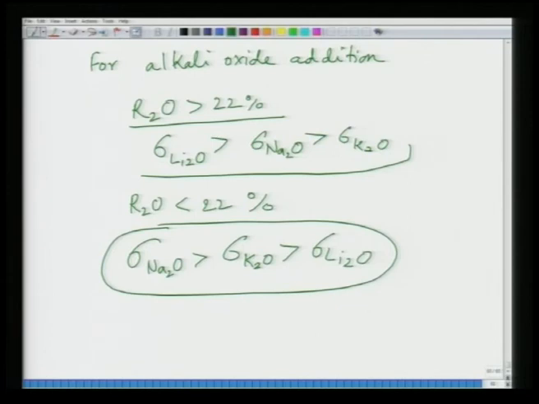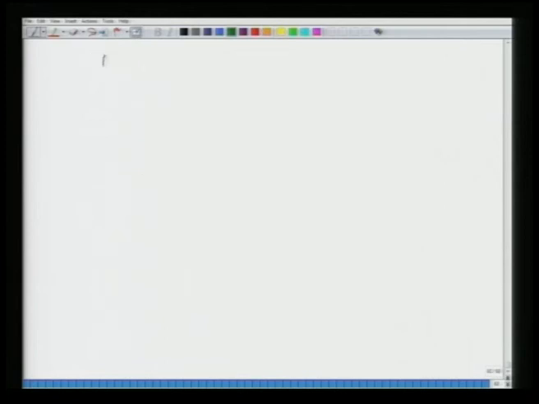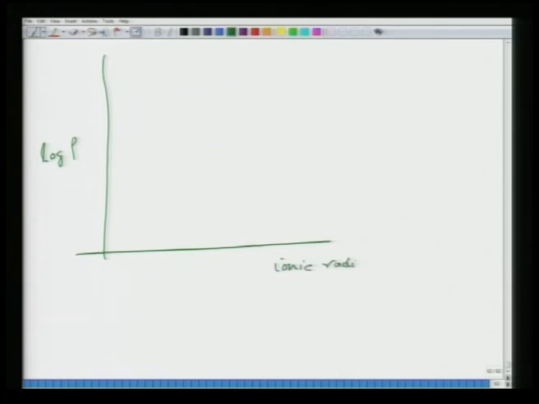So, intermediate ions such as sodium give the highest conductivity, and you can draw a plot as well. So, when you plot the resistivity of these glasses, there is a relation with ionic size. So, let us say log resistivity versus ionic radii, let us say in angstrom.